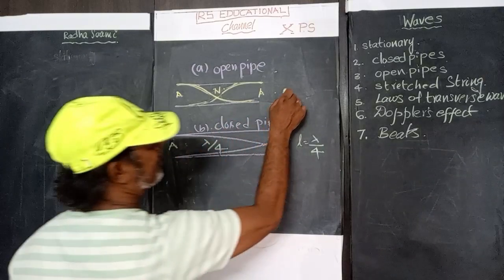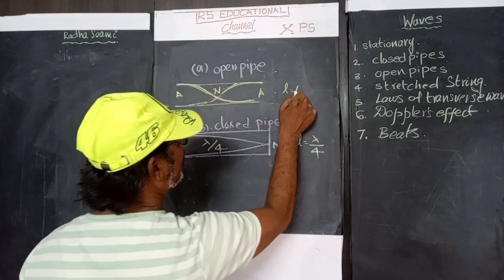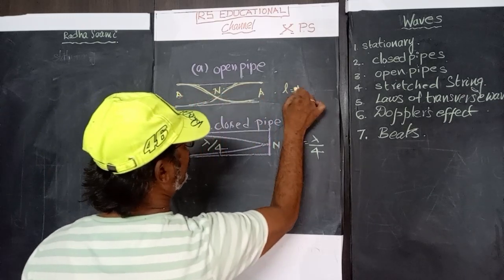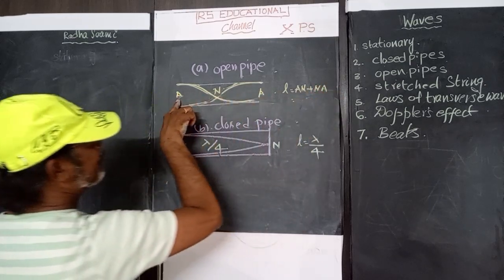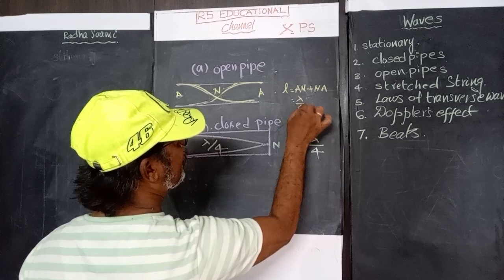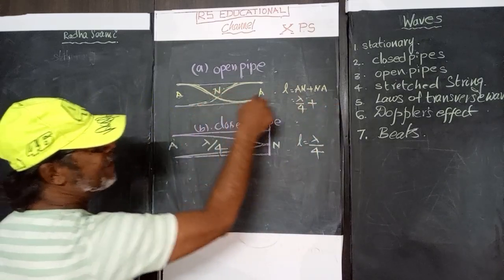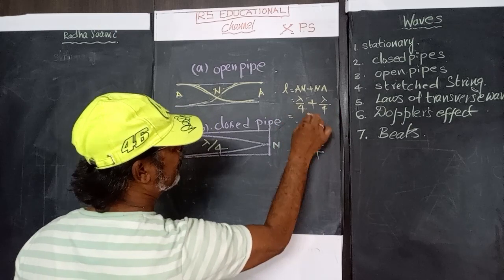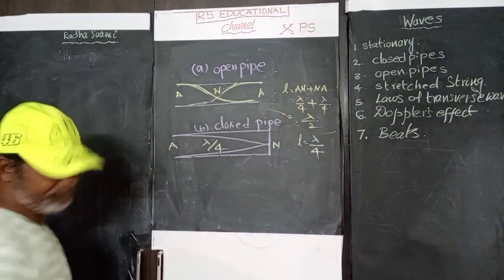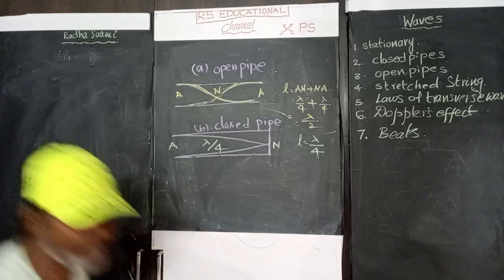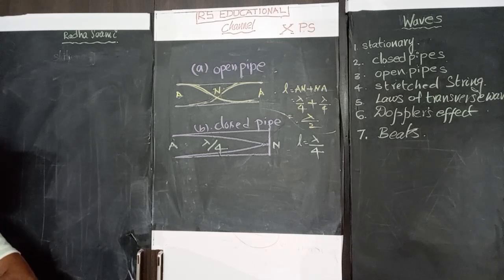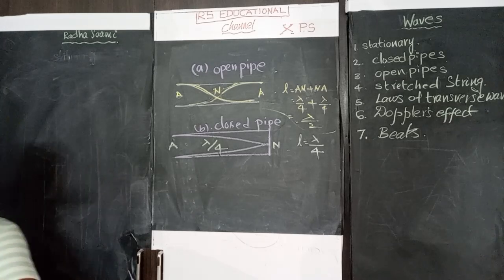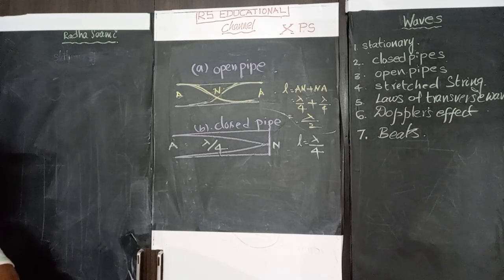Then what is the length? L is equal to, you can observe, antinode to node plus node to antinode. Distance between antinode and node is lambda by 4 plus distance between node and antinode is lambda by 4. Then it becomes lambda by 2. So in open pipes the length is lambda by 2, whereas in closed pipes the length is lambda by 4.